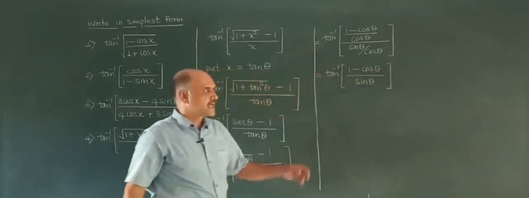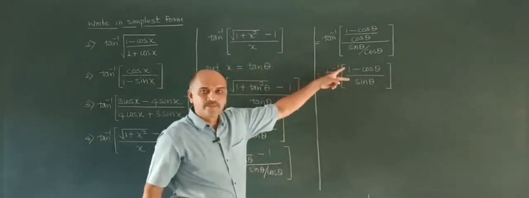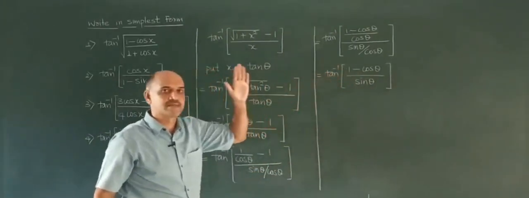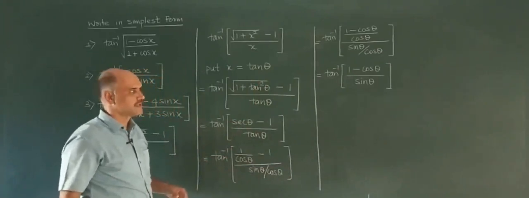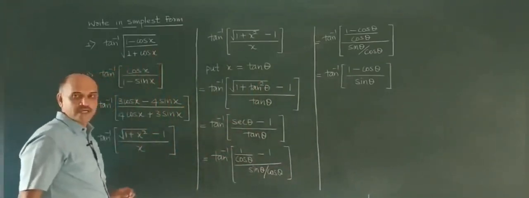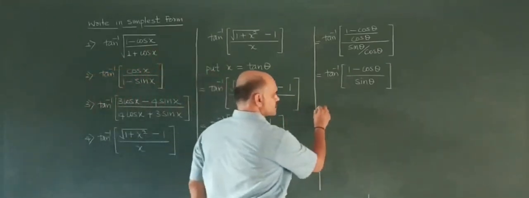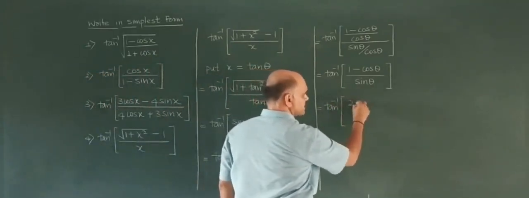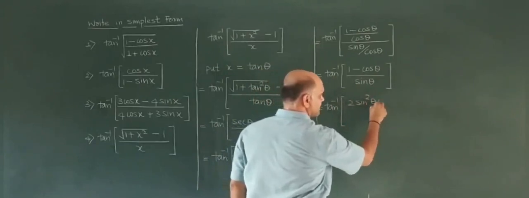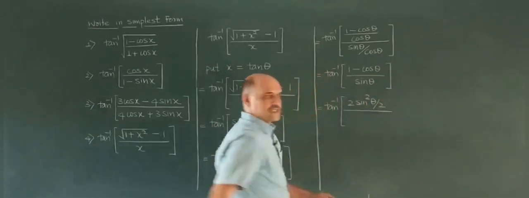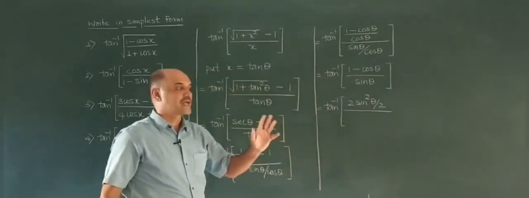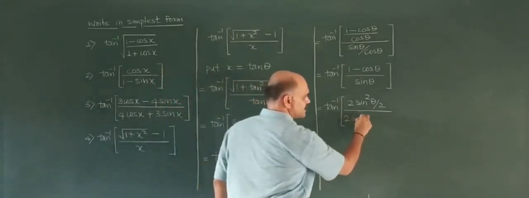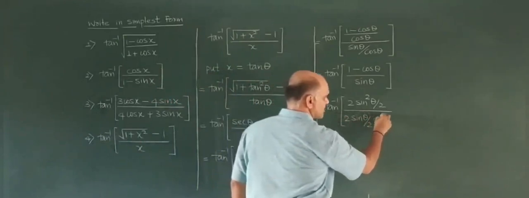Now again you are required to apply the half angle formulas, that is the multiple and submultiple angles topic from first year. In the first problem also I had taken this. So 1 minus cos theta is 2 sin square theta by 2. For sin theta, the formula in terms of half angle is 2 sin theta by 2 into cos theta by 2.